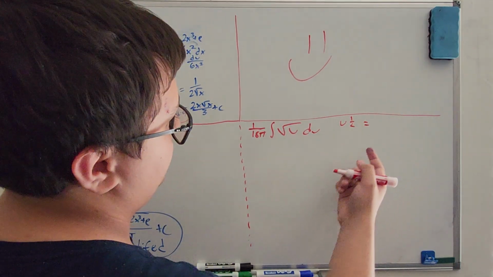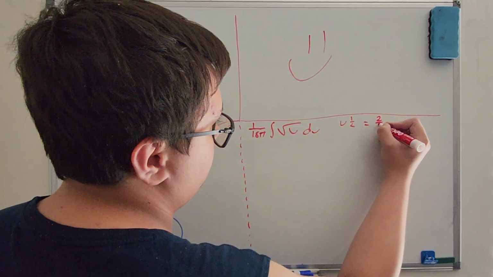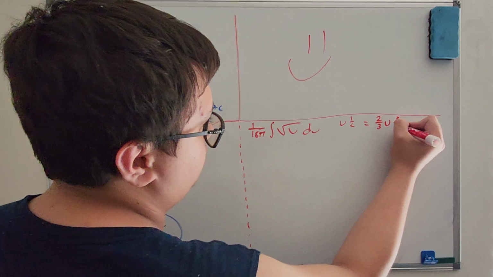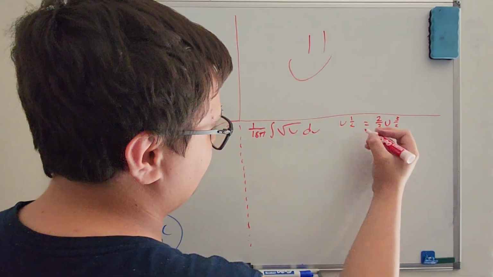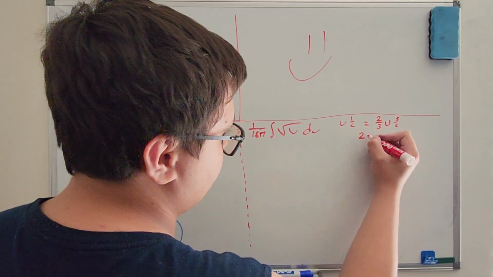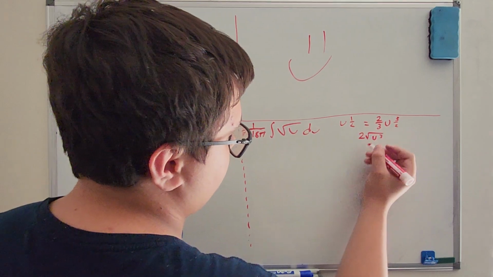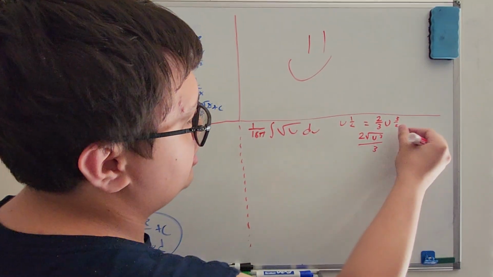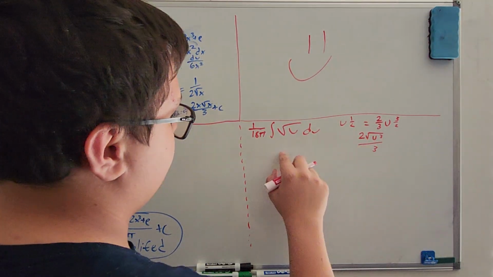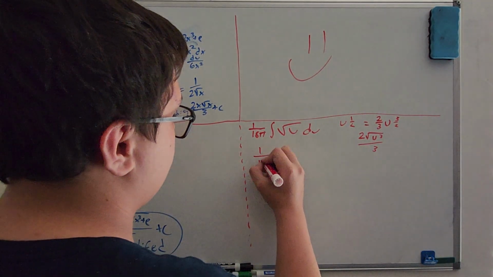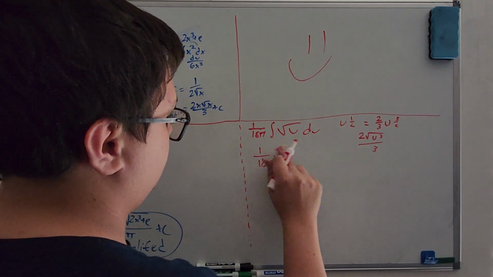And when you do your math for that, when you use the integration power rule, you would end up with 2/3 u to the 3/2. It doesn't matter, but we're gonna use this one because it will apply more to the power rule. So then you can take 1/18 pi times 2/3.